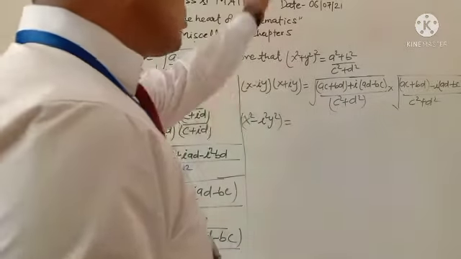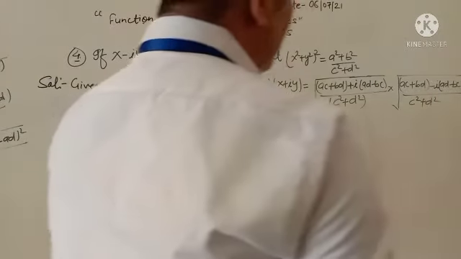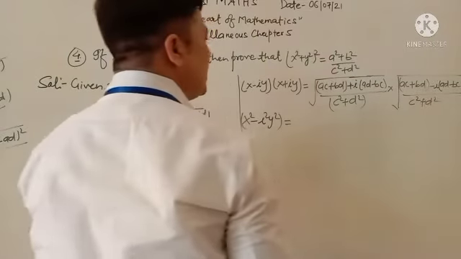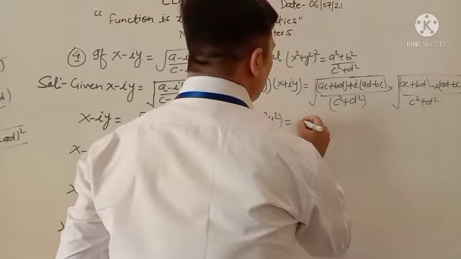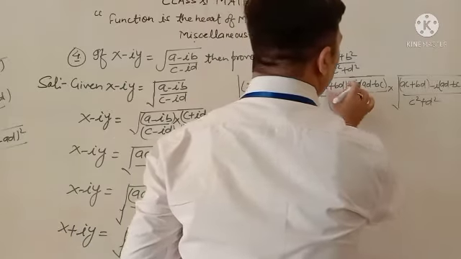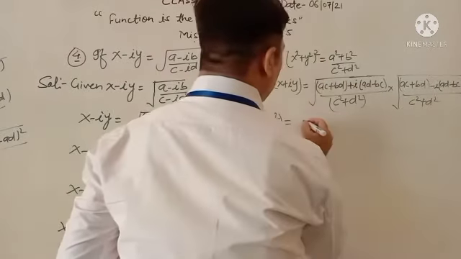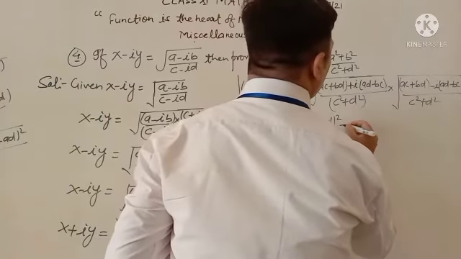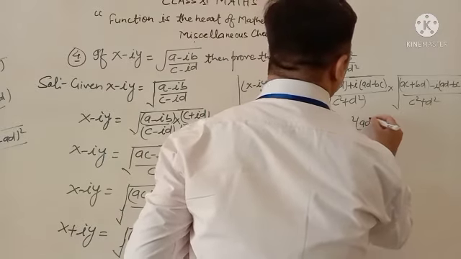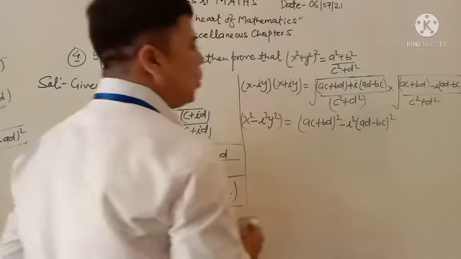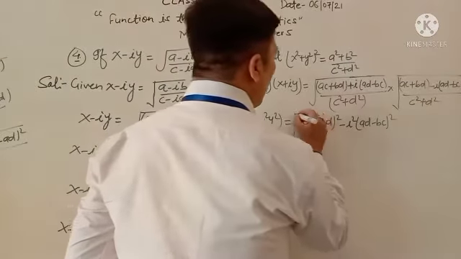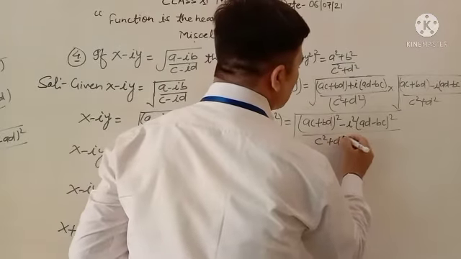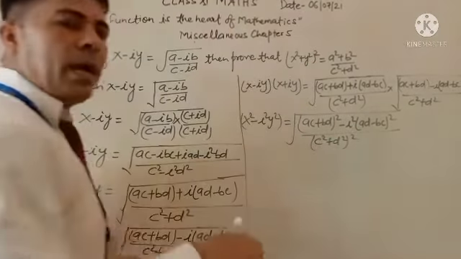This one is equal to (ac plus bd) whole square minus i square (ad minus bc) whole square, divided by (c square plus d square) whole square.